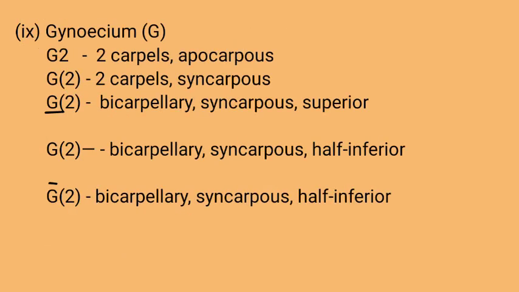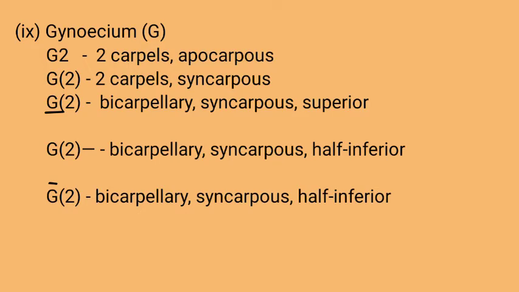The 9th one, gynoecium, which is denoted by G. G2 means it contains 2 carpels which are apocarpous, which means carpels are free. G(2), with 2 in brackets, means it contains 2 carpels, syncarpous ovary, which means carpels are fused with each other.